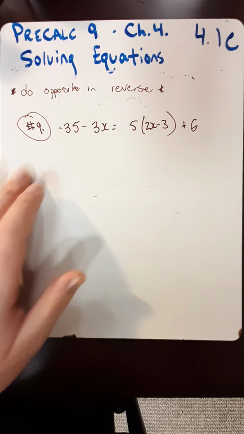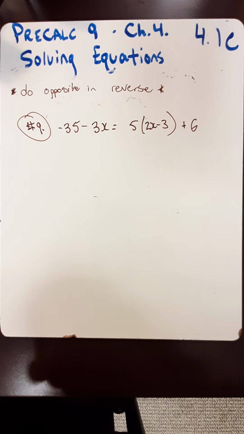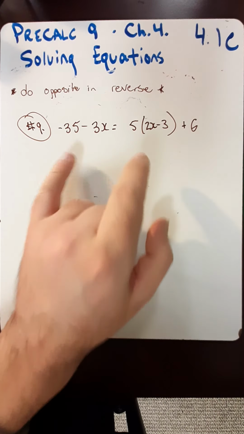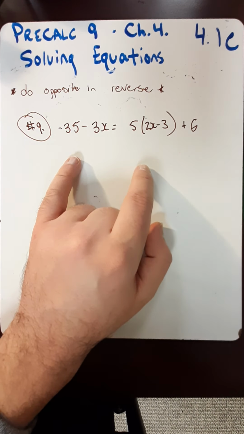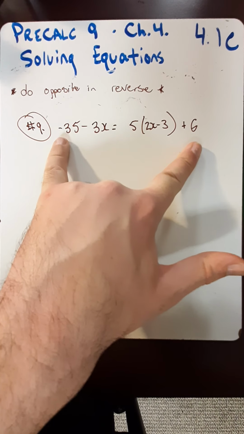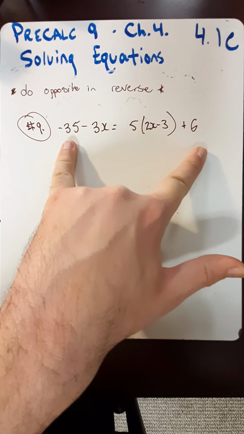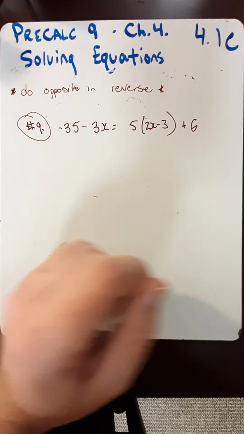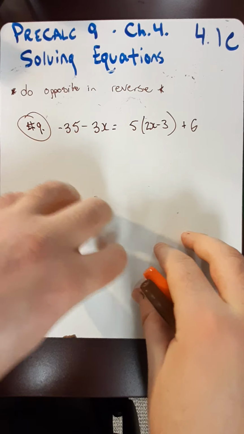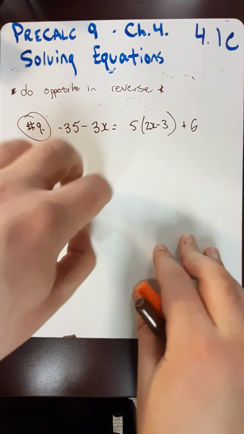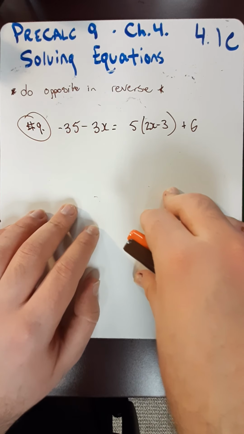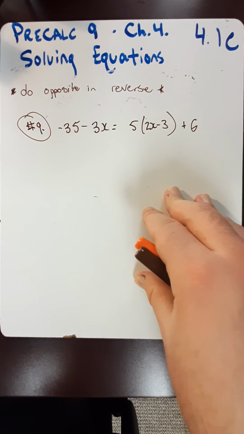Okay, here's a slightly harder one. This is question 9, and we're trying to solve for x again. This is like the questions in the previous section where we've got some constant terms on both sides and terms with x's on both sides. So we really want to get it so that all of the terms with x are on one side and all of the constants, all of the numbers, are on the other side.